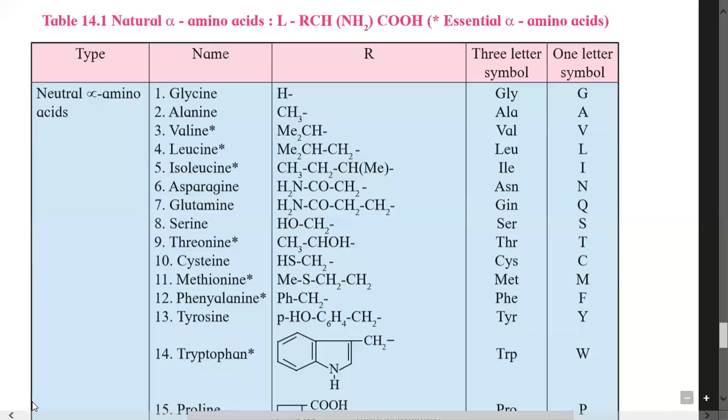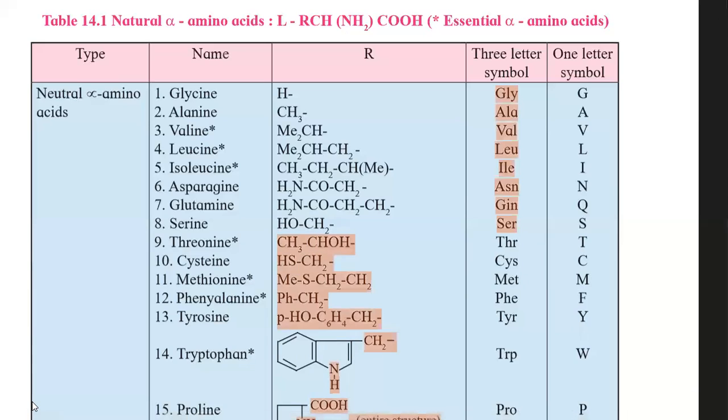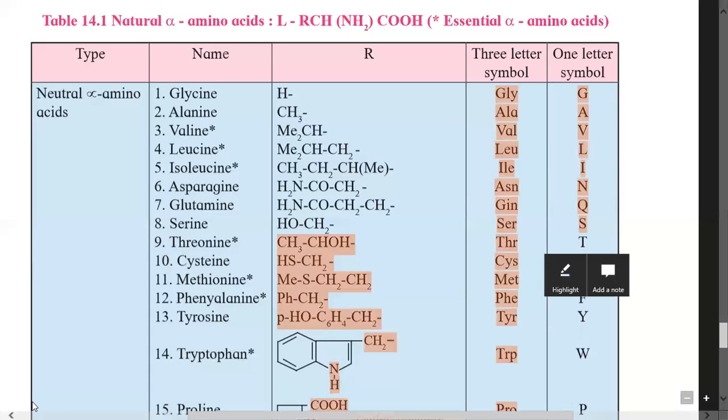The R group is OHCH2, the symbol is SER, and capital S. Next is threonine. The R group is CH3CHOH, the symbol is THR, and the 1-letter symbol is capital T. This threonine is again an essential alpha amino acid.